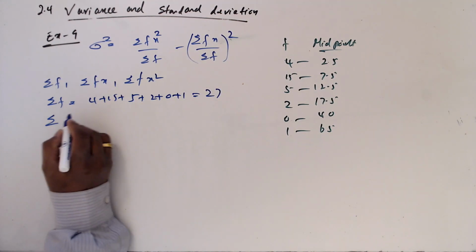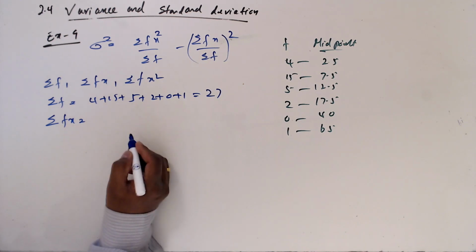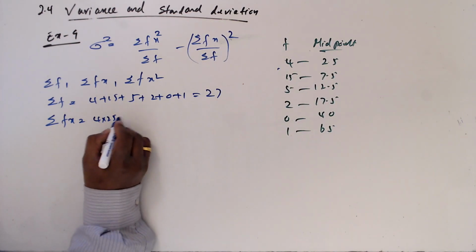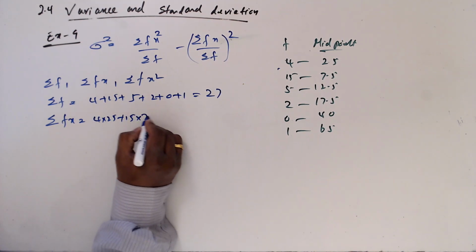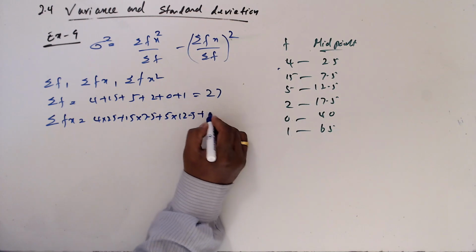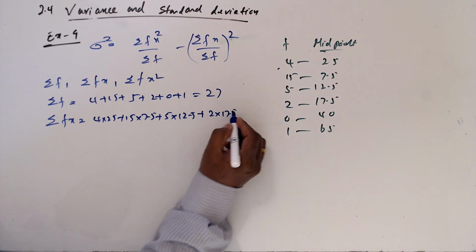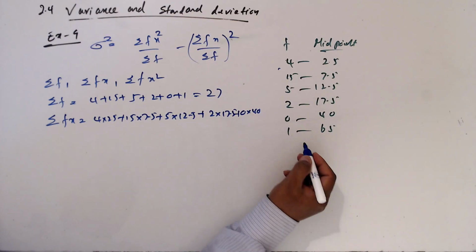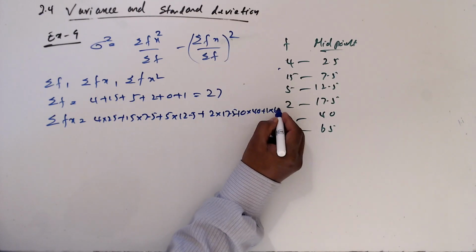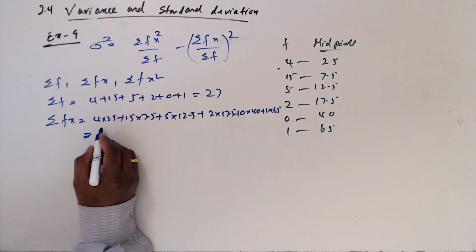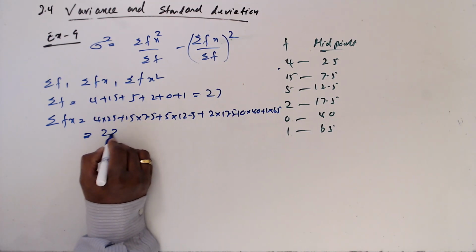Then summation fx, f times x: 4 times 25, 15 times 7.5, 5 times 12.5, and 2 times 17.5, plus 0 times 40, plus 1 times 65. So this value is going to be 285.